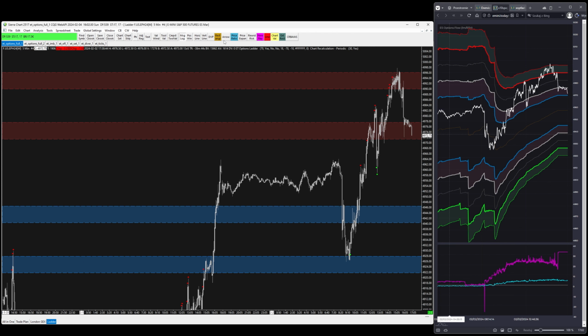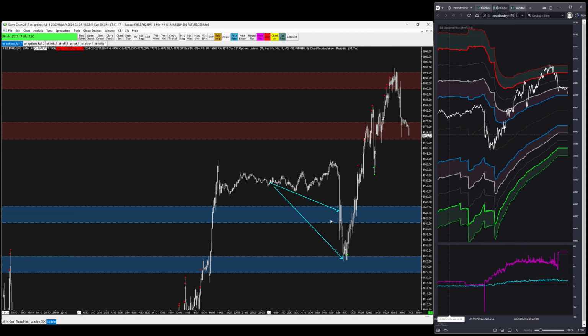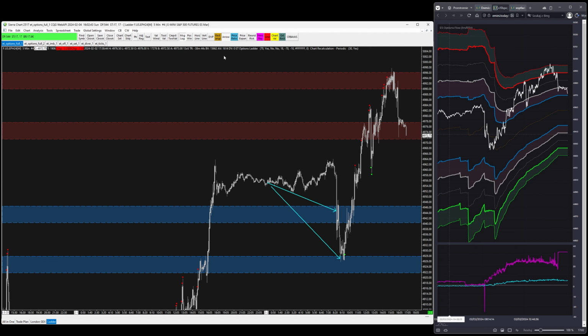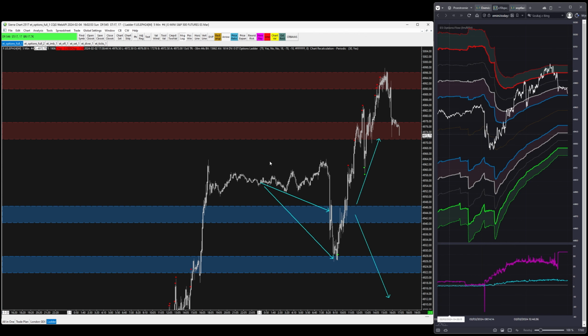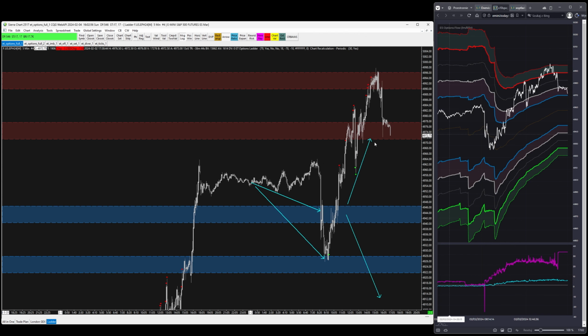So what I mean here is, let's say that in overnight, price hits the first or the second one. So later on during the session, there is a very low probability that the price will continue to go down, and it will most likely go up for the remainder of the session.